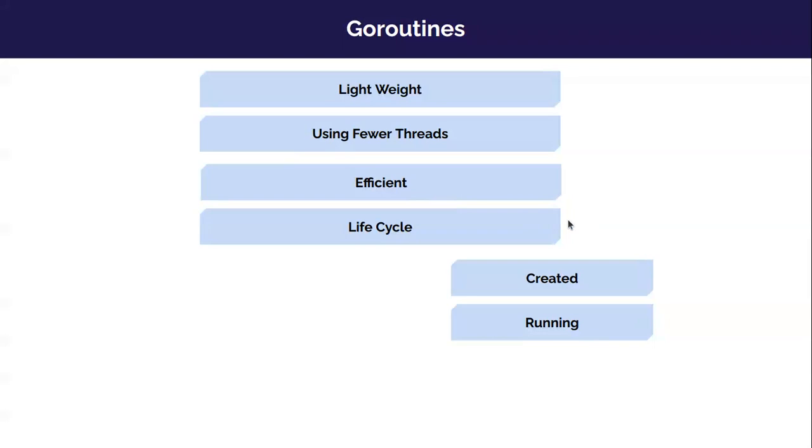But sometimes the goroutine can go into blocked states. When may it happen? We will discuss channels later, but sometimes it waits for input on a channel. It waits for some input which will come through a channel, so it is blocked when it is not getting the input.